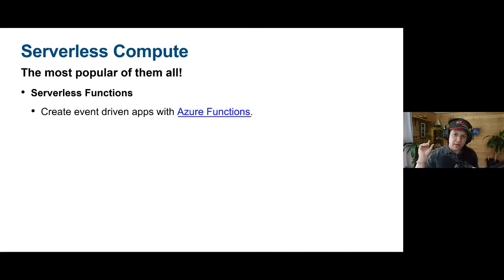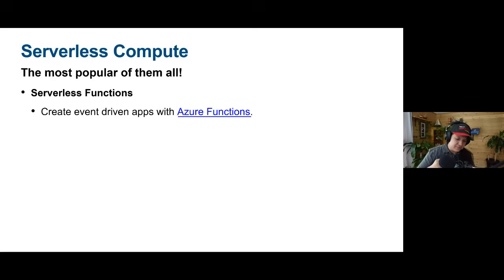And then this first area of this subset is serverless functions. If you have a piece of code that you want to execute in response to some sort of event, in the Azure Functions world, we call these events triggers.